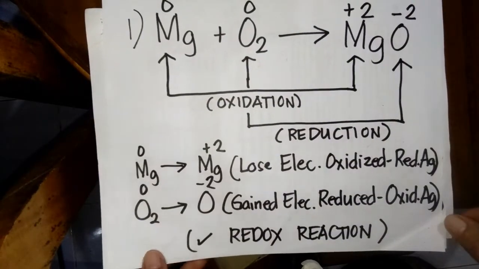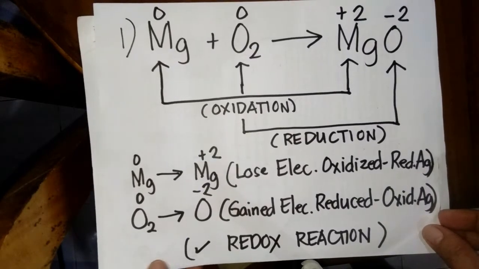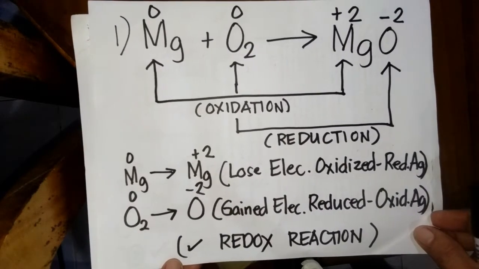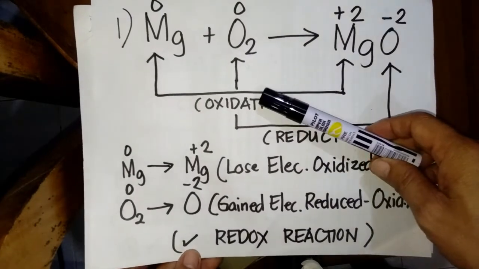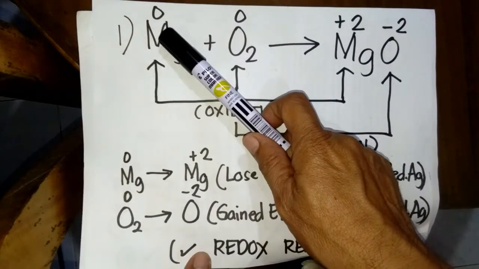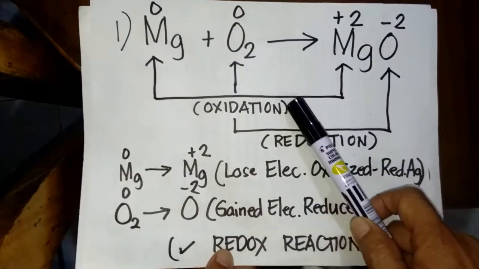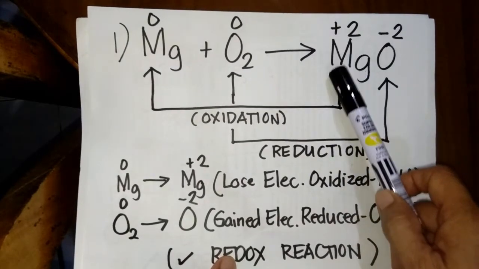Okay, so here is an example. If there is a change in oxidation number, we can determine if it is redox. So we can see here that the magnesium has an oxidation number of 0, and then it changes to become positive 2.